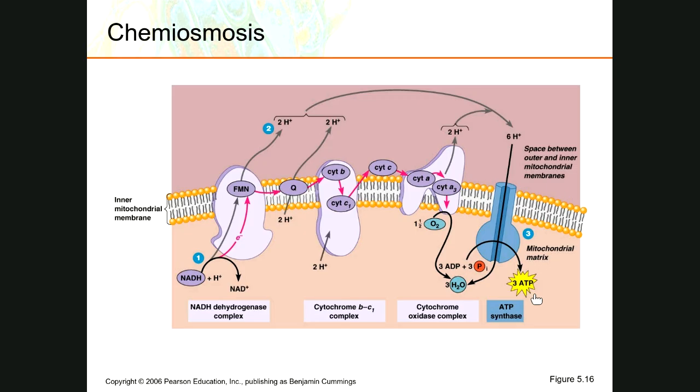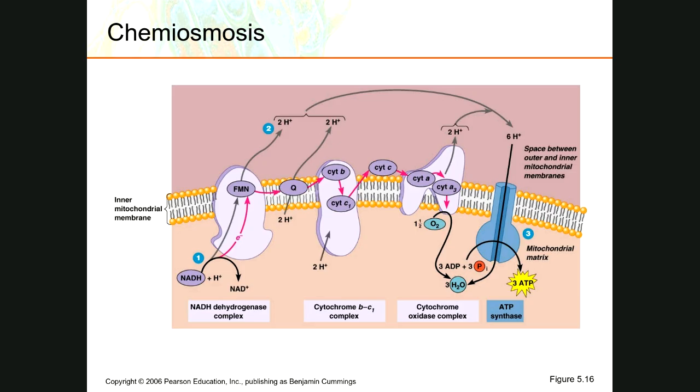So there needed to be an alternate form of energy for the cells to use. That alternate form of energy is a hydrogen ion gradient, also known by a fancy name, the proton motive force. Because hydrogens are basically just a proton, right? Just one proton circled by one electron.